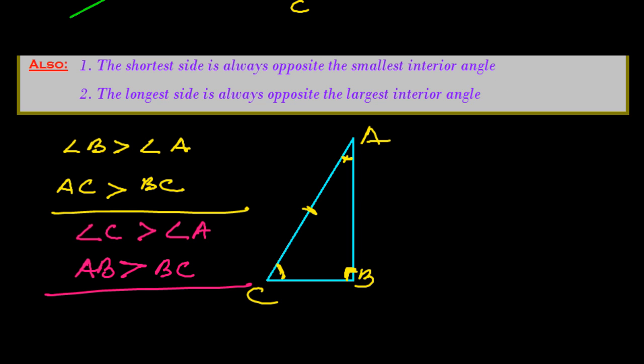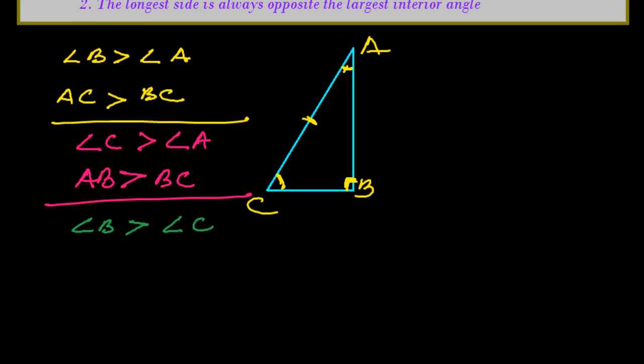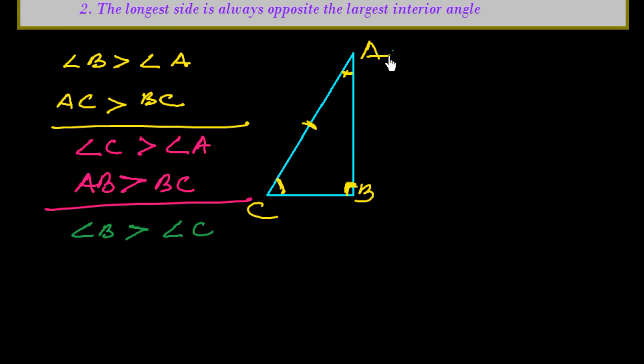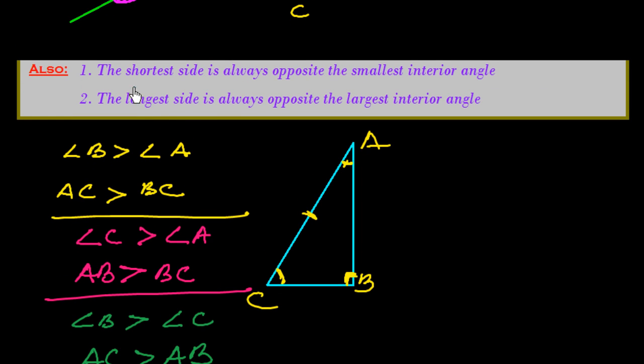And finally we see angle B is greater than angle C. So look at here, the side opposite to angle B is AC, which is greater than the side opposite to angle C, which is AB. So this is the property we have to follow in a triangle. The shortest side is always opposite the smallest interior angle, and the longest side is always opposite the largest interior angle. So this we have studied in this session. Thank you.